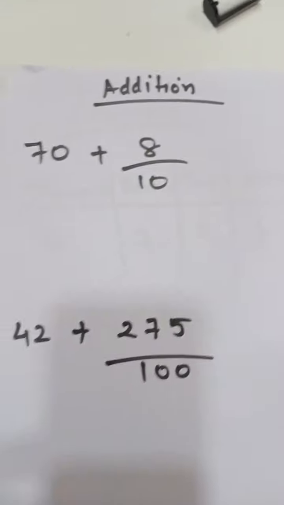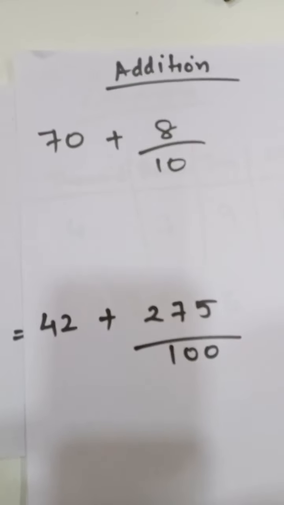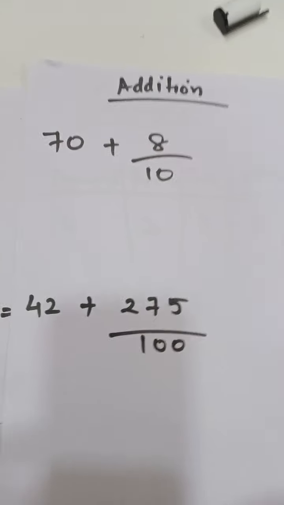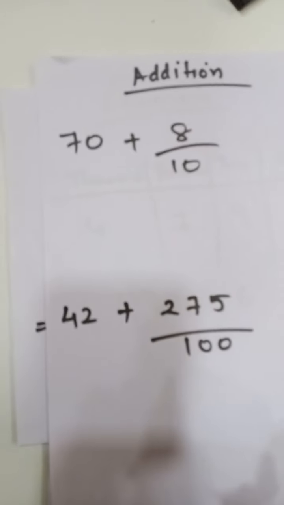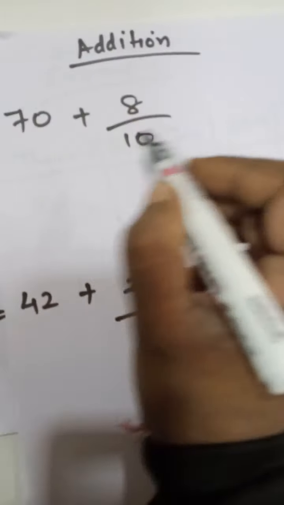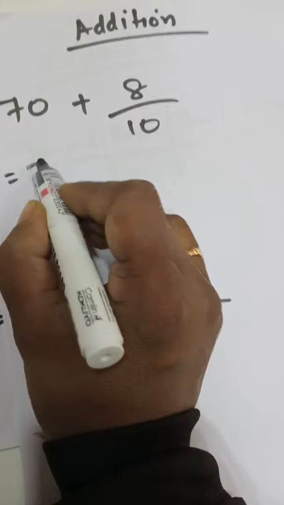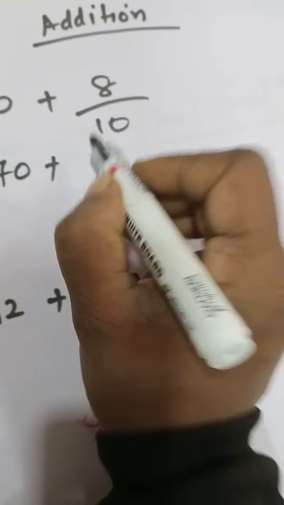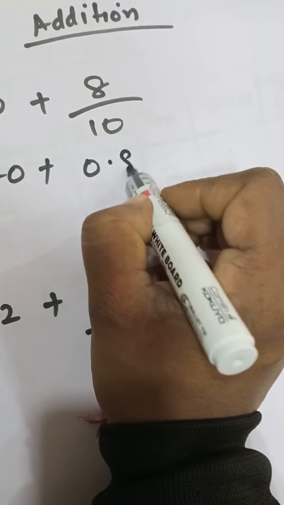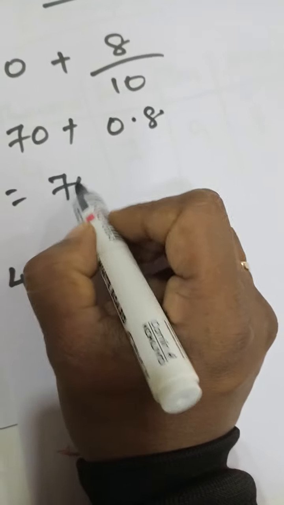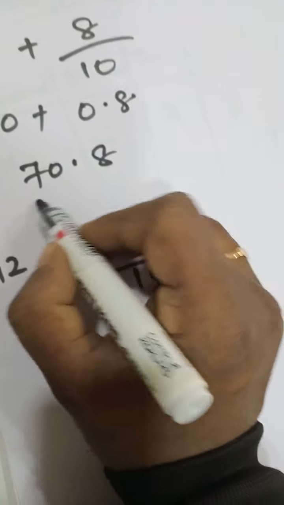Okay. Let's try to do some addition and see how exactly this works out. The first number we have is 70 plus 8 upon 10. So 8 upon 10 can be written as 0.8, right? And so the number will be 70.8.